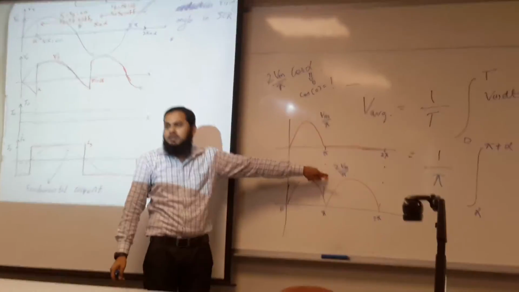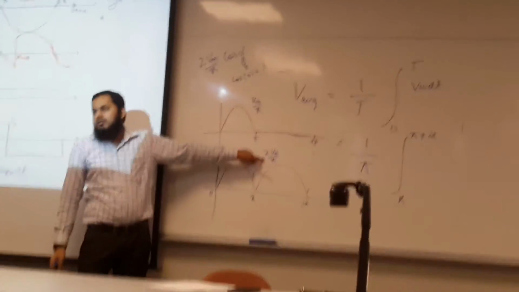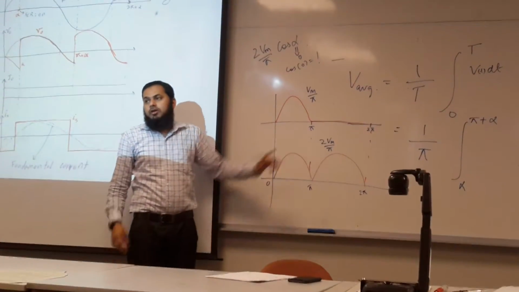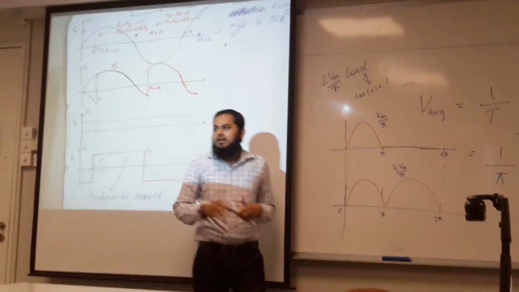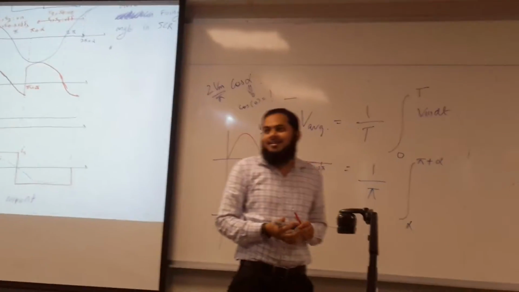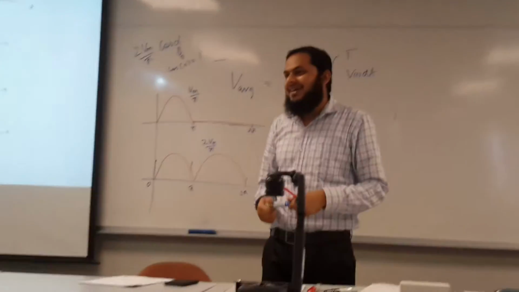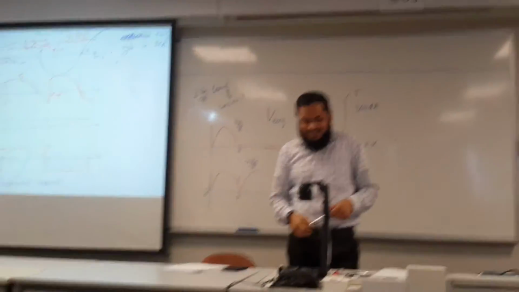And this signal you already know has an average of 2Vm by pi. So this is how you can verify your answers in the exams without cheating. Obviously, if you are cheating, then you don't need to verify.